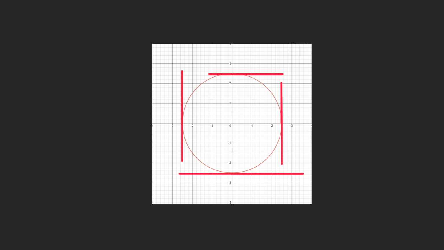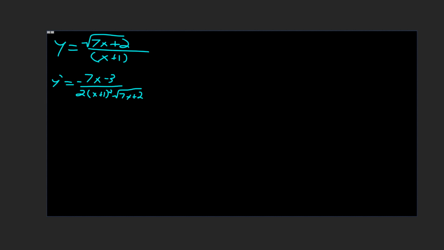So for a line to be horizontal or vertical, there's one trait that every vertical line shares, and there's one trait that every horizontal line shares. On a vertical line, the slope, or m, is equal to, well, it doesn't exist, it's undefined.